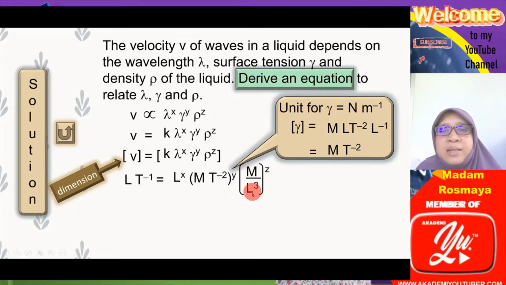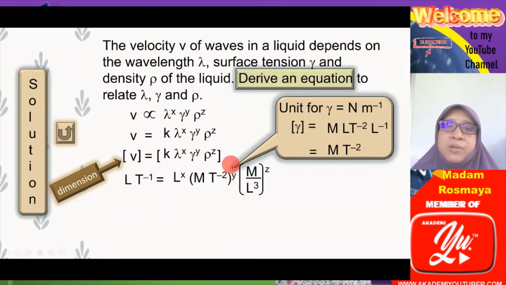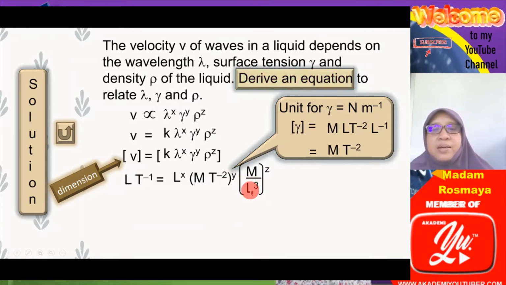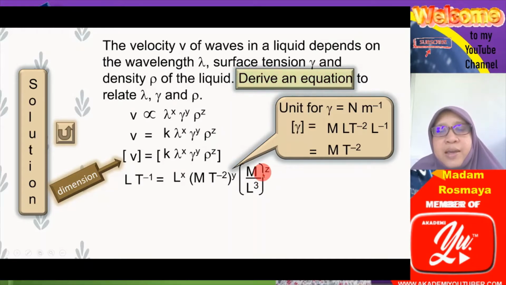So all have same dimension length. So we use length cube. And if we use the unit for volume is meter cube, so dimension for meter is length L. So we use L cube for the dimension of volume. Okay, don't forget the power here Z.